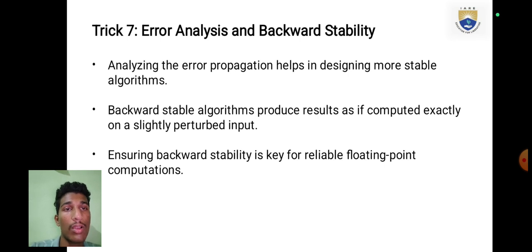Backward stable algorithms produce results as if computed exactly on slightly perturbed input. Ensuring backward stability is key for reliable floating point computations.